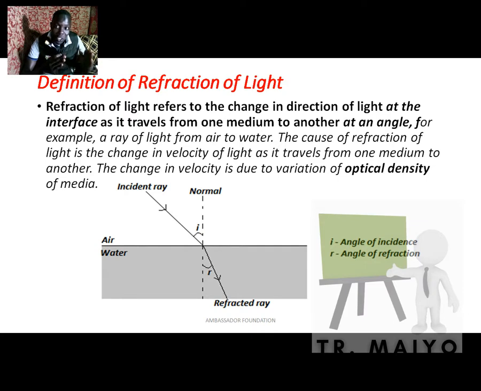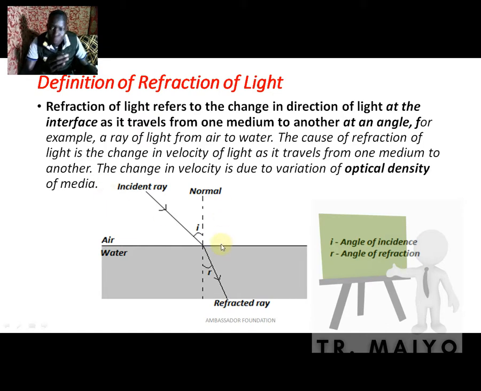That is, it is not at 90 degrees. It's not perpendicular. Then the light will bend. If you allow it to get to the interface normally, then there will be no refraction. The light will not bend. It will pass without deviating.